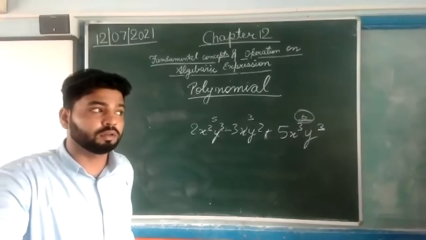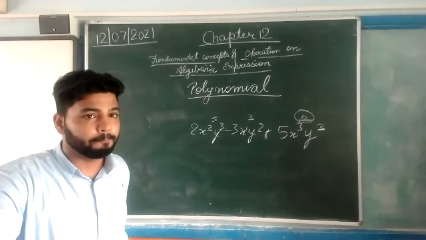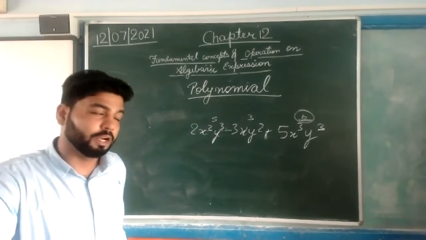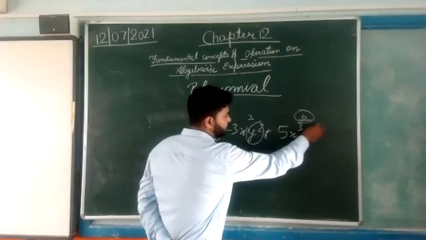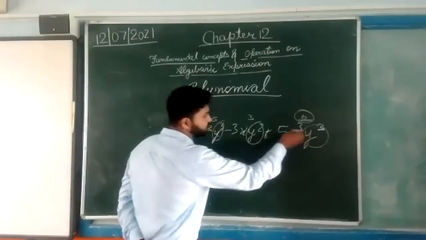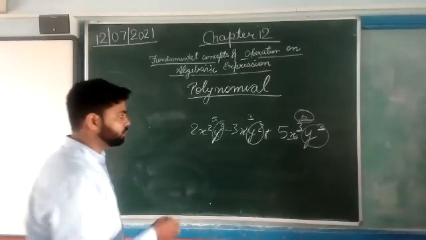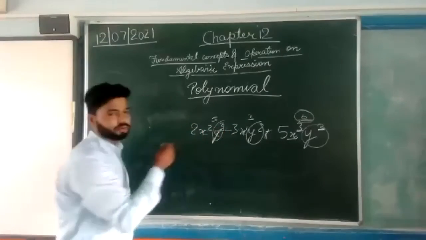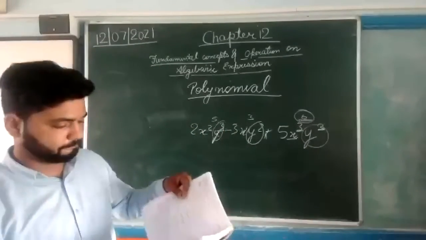I am saying that considering only the x, not the y. So, sir, it will be 3. It will be 3, because if we ignore this y, we will only consider the x. The maximum power of x is 3, so it is a 3-degree equation in the x variable only. But in the y variable, it is a degree of 3. Okay, everyone is getting me?